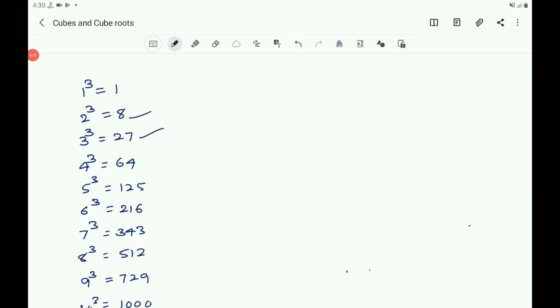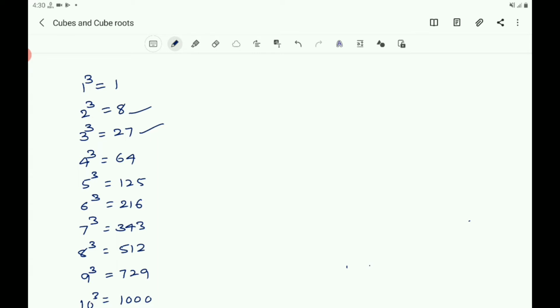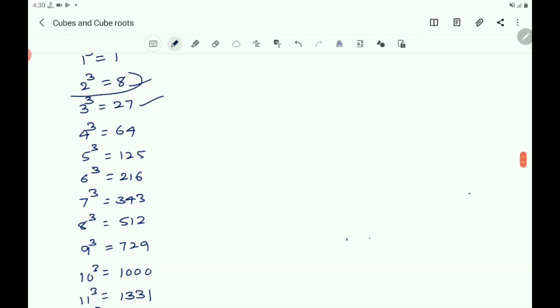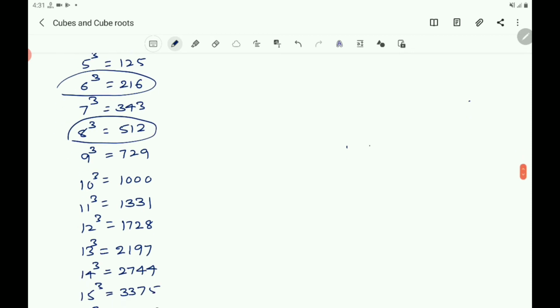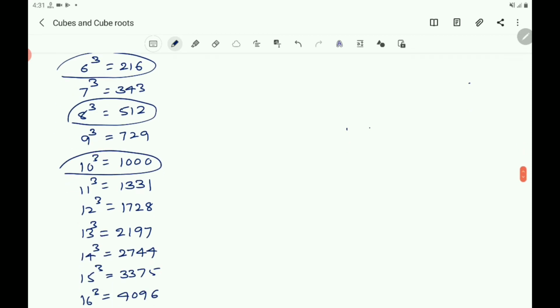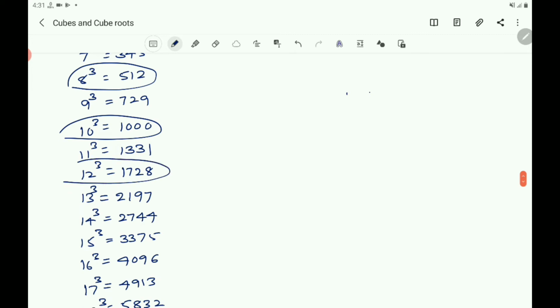Now check out the cube of an odd number and the cube of an even number. See the cube of even numbers: 6 cube, 8 cube is 512, 10 cube 1000, 12 cube.